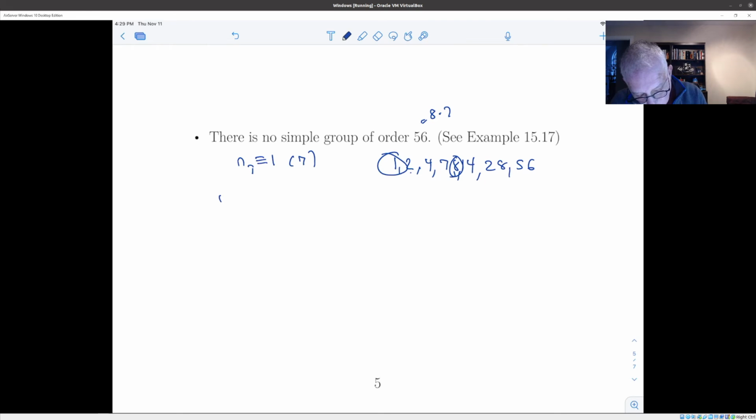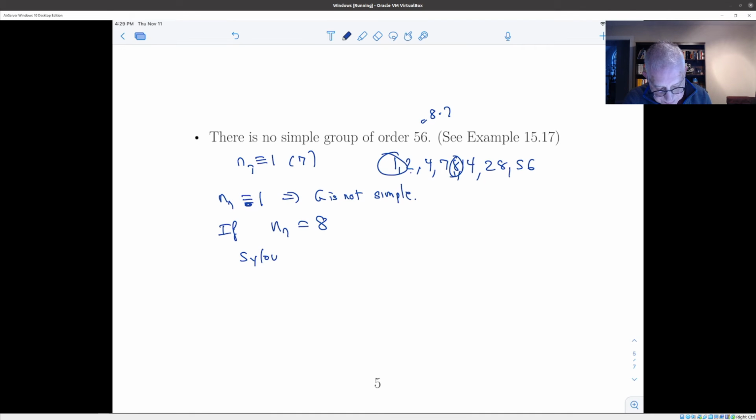If n_7 is 1, then G is not simple, because it has a unique Sylow subgroup with 7 elements. Otherwise, if n_7 is 8, then each Sylow subgroup is isomorphic to Z7.